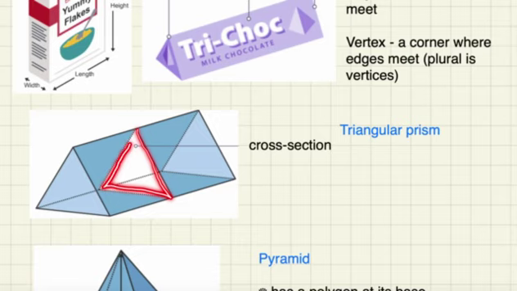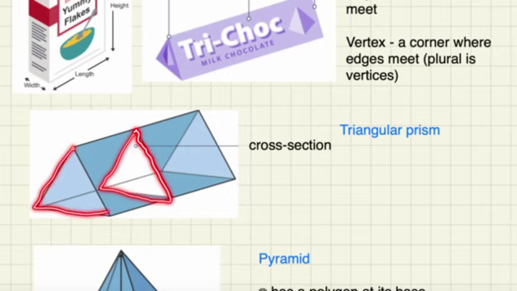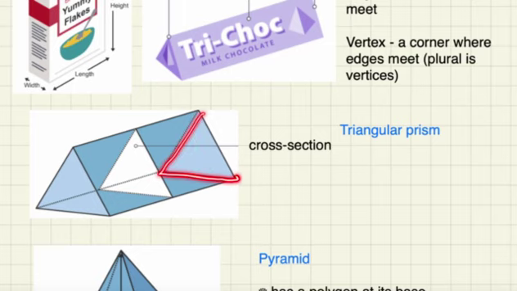So if you take a piece which cuts through the main structure, this is the cross section. And you see that it's a triangle. And not only is it a triangle, but it's the same triangle as this, and the same triangle as that. So a feature of a triangular prism is that wherever you cut it, you produce a cross-section which resembles one of the faces, that one or that one.